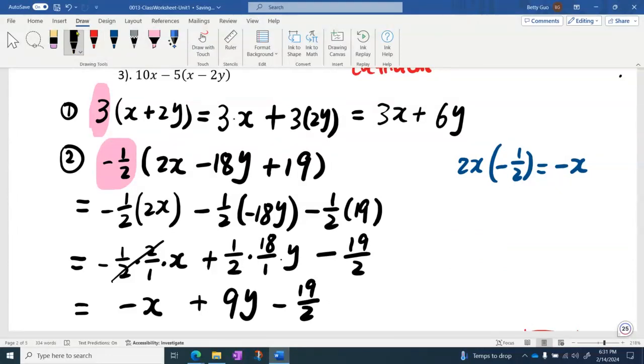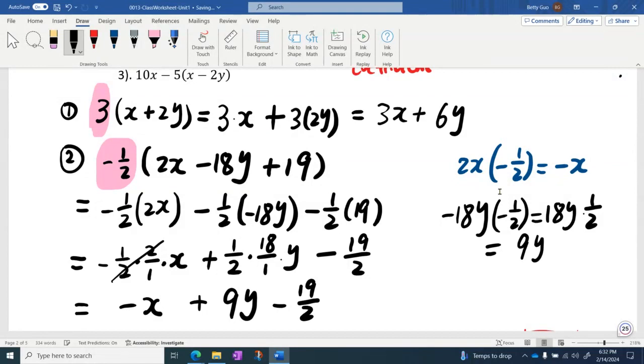You determine the sign first. And the second term is -18y. You multiply that by -half. You determine the sign first. Negative times negative is positive. So we have 18y times half, which means you get half of 18y. Half of 18y is just 9y. And then 19 times -half.